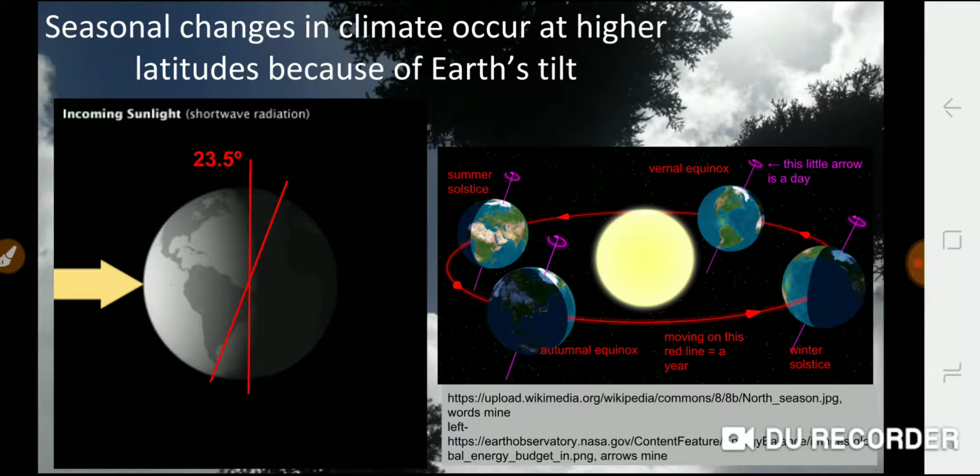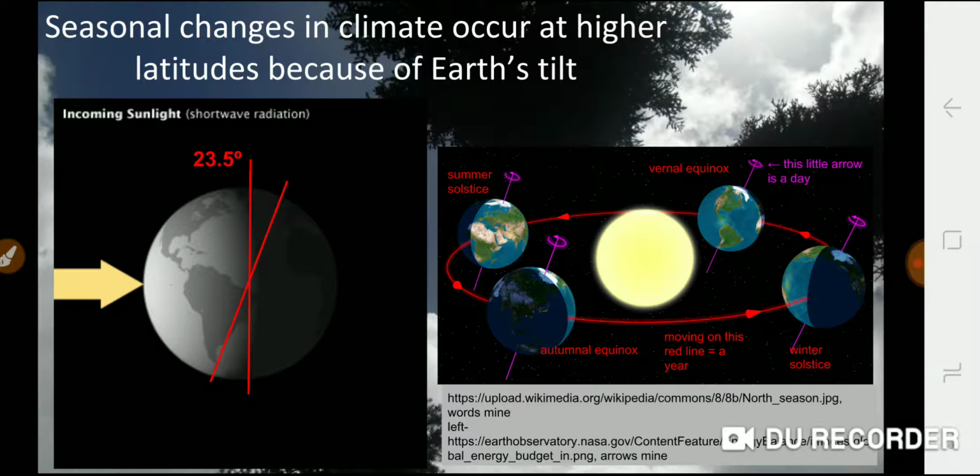So when in the northern hemisphere the axis is tilted towards the sun, it is summer. We can see in the image of the Earth at summer solstice that more of the northern hemisphere is pointing towards the sun and experiencing day in this diagram.